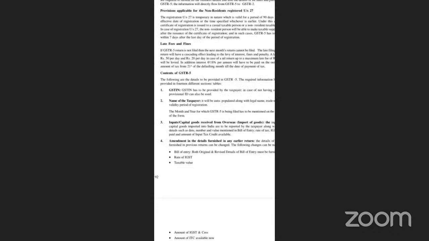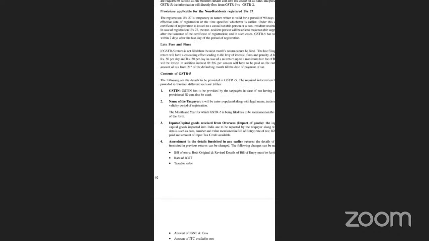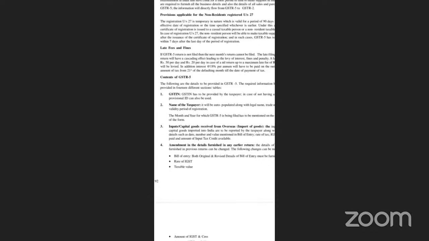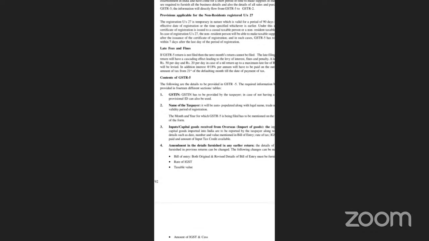And within the time limit, if it is not submitted, they are supposed to pay a penalty. That penalty is 50 rupees per day, and 20 rupees per day in case of nil return. If he is supposed to pay any tax and he could not file the return on time, then a penalty of 50 rupees will be charged.